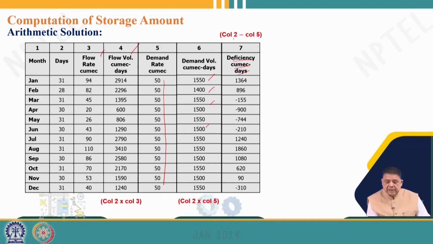Sorry, this needs correction. Deficiency is column 4 minus column 6, that is cumulative flow volume minus cumulative demand volume, that will give us the deficiency for different months.